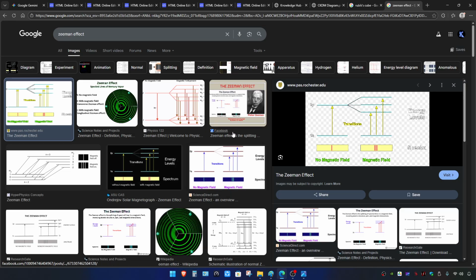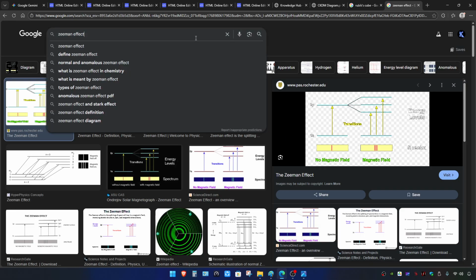But eventually Zeeman saw that when the atomic clock was near a very strong magnet, the atomic clock would dilate. Not only that, the frequency within the atom itself causes multiple spectral lines, which is called the anomalous Zeeman effect.